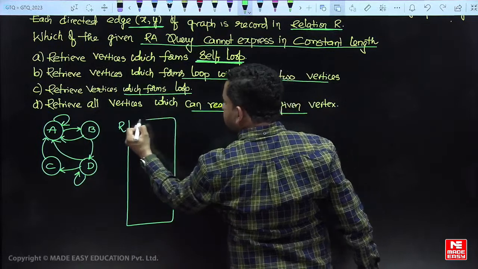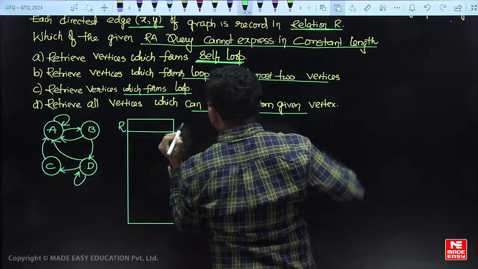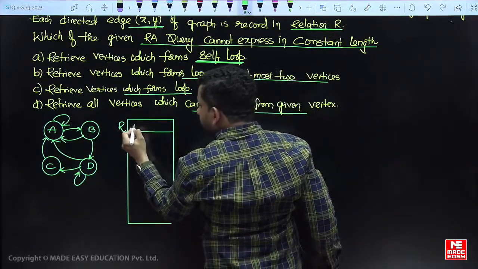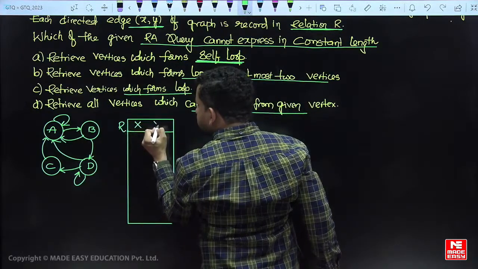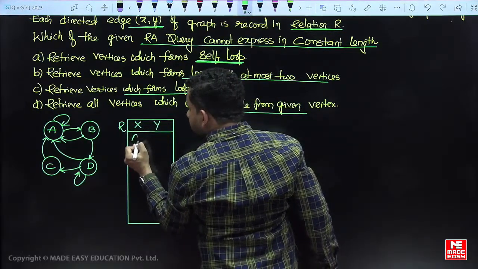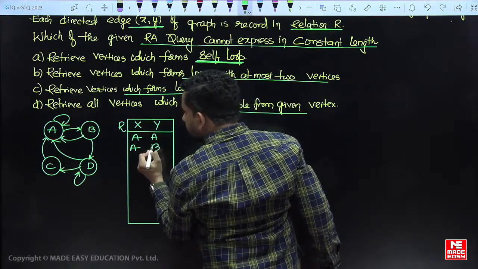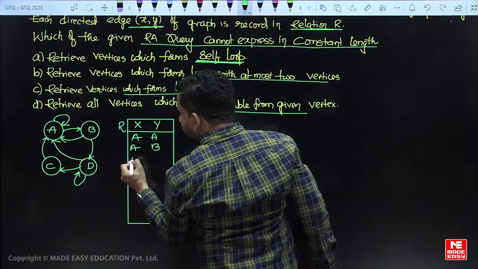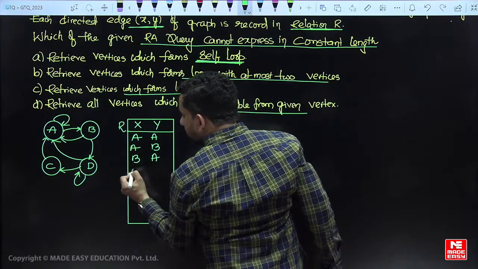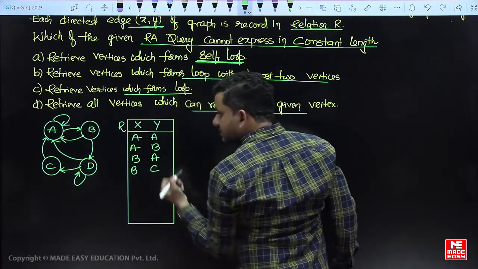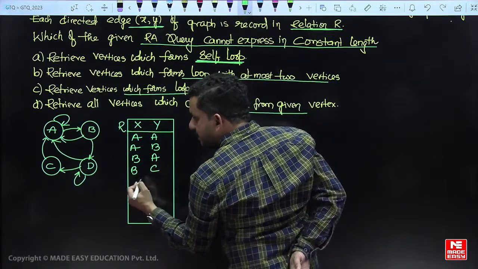So these graph edges are stored in this table, with columns X and Y. So A to A edge, A to B edge, B to A edge, and B to C edge. This is the example graph, sample data.